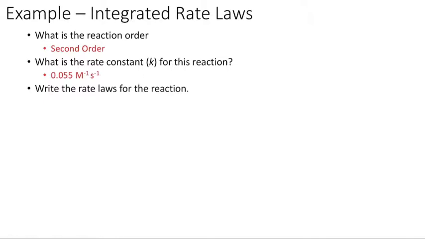Write the rate laws for the reaction. Now we have the differential rate law and we have the integrated rate law, so let's tackle those one at a time. The differential rate law: rate equals 0.055 molarity to the minus 1, seconds to the minus 1, times the concentration of AB raised to the second power, because this is a second order reaction.